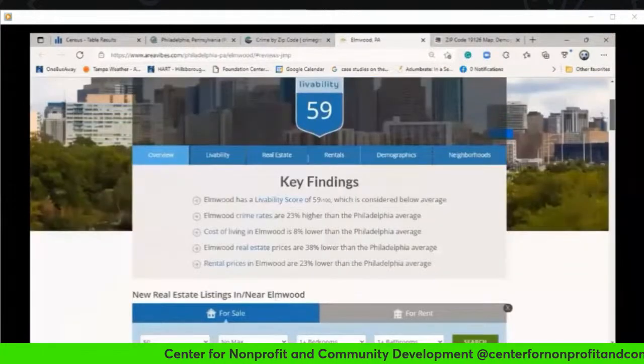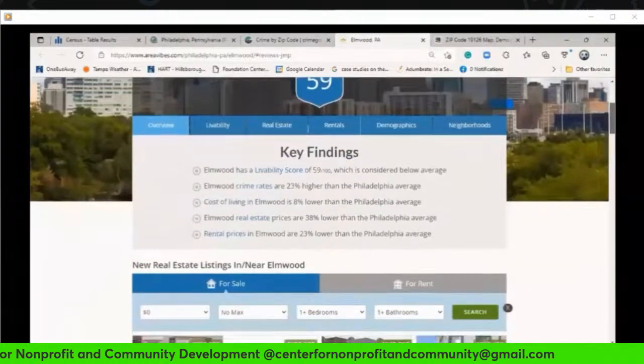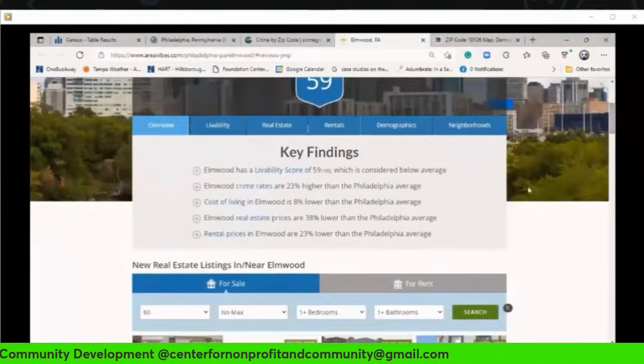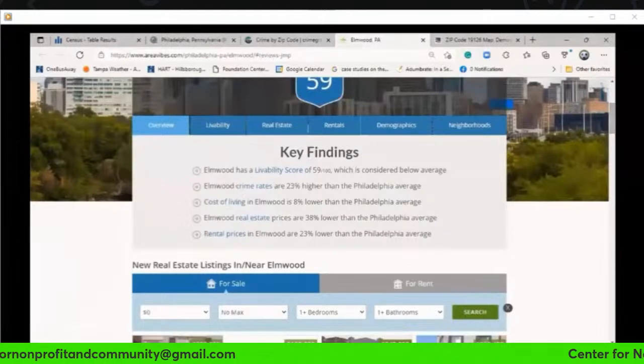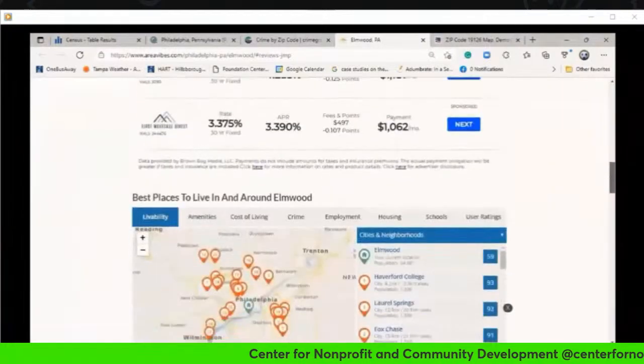So quickly, we can look at some key findings about this particular location. We can look at, for example, crime in this particular area, cost of living. I'm going to be going fast because it's a lot of information that I'm going to cover today.